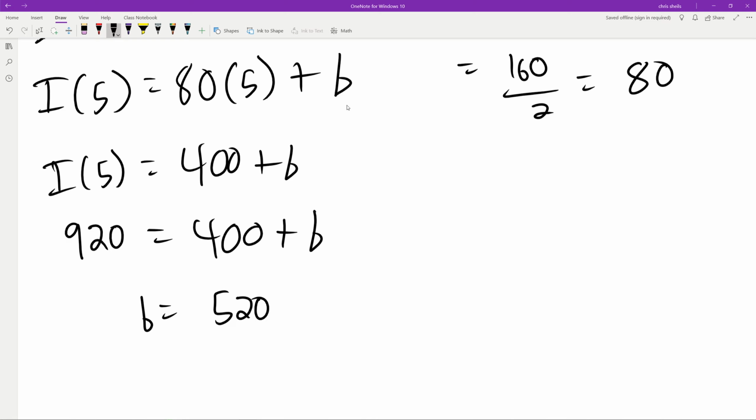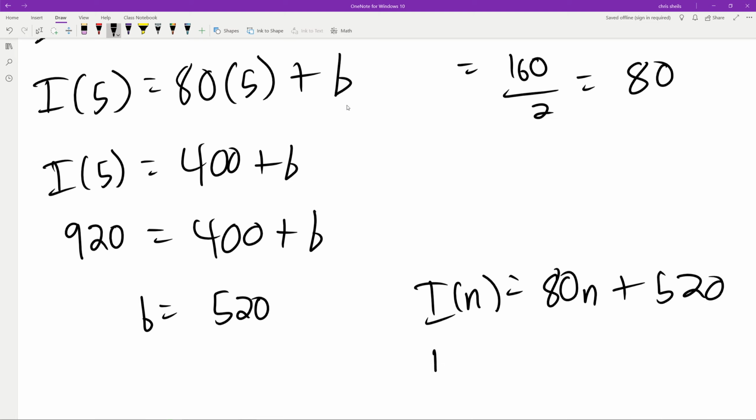So when I put all of this together, I get that I of n is 80n plus 520. Or you could write I of n equals 520 plus 80n.